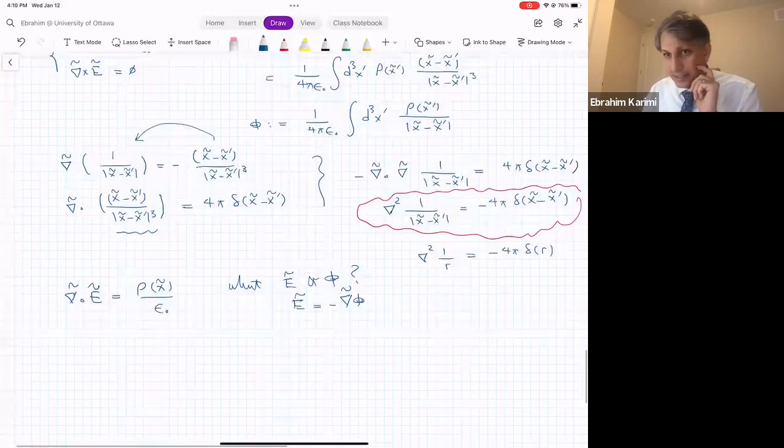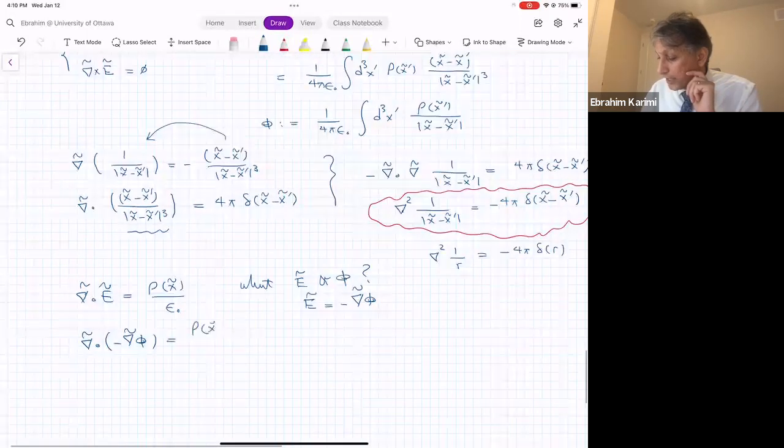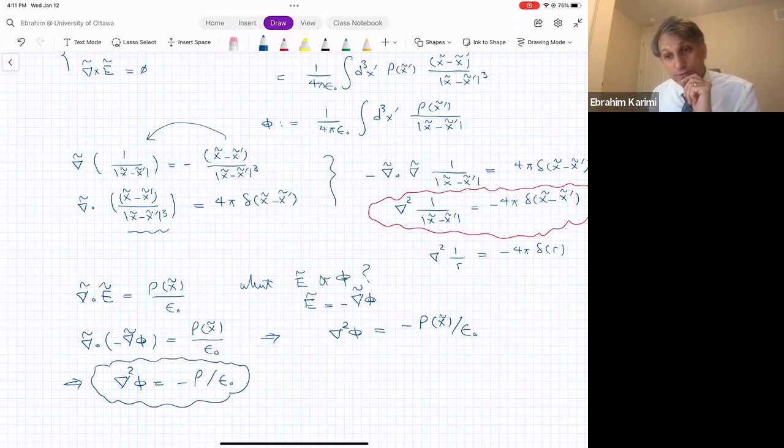Then if you replace it here, you will get the divergence of minus gradient of phi equal to rho of x divided by epsilon naught. From here, you will get the divergence of a gradient, the Laplacian of phi, equal to minus rho of x divided by epsilon naught. Or in a simple form, the Laplacian of phi equals minus rho divided by epsilon naught. What is that? It is the Poisson equation.